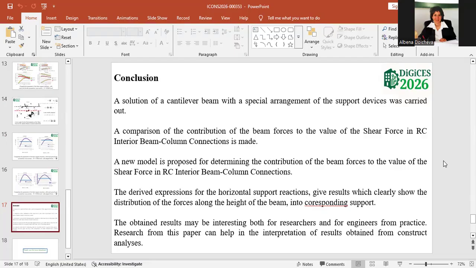A new model is proposed for determining the contribution of the beam forces to the value of the shear force in an interior beam-column connection. The derived expression for the horizontal support reaction gives results which clearly show the distribution of the force along the height of the beam into corresponding spots.